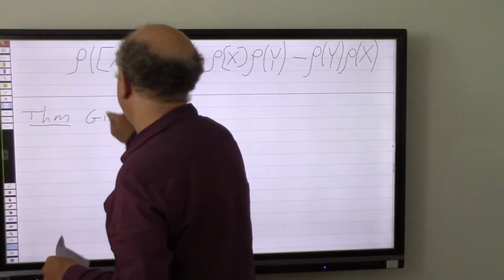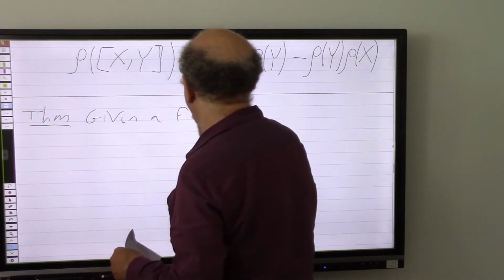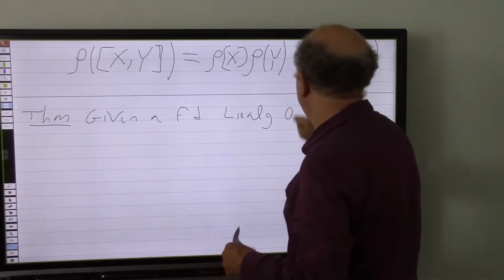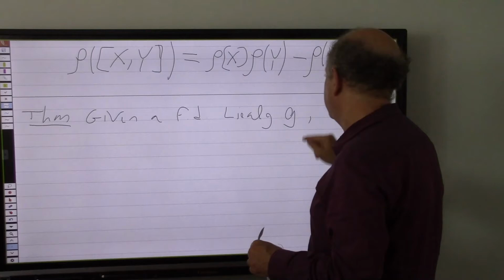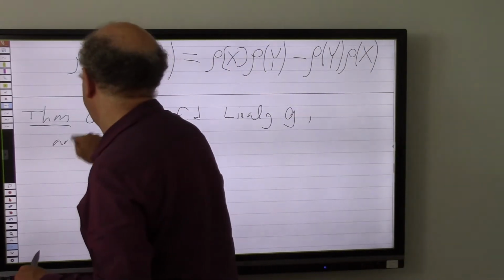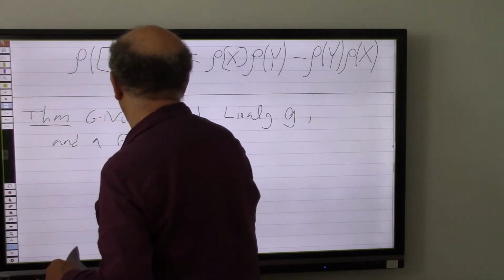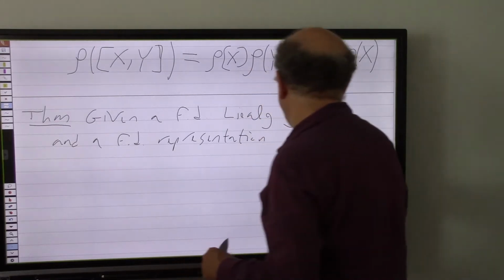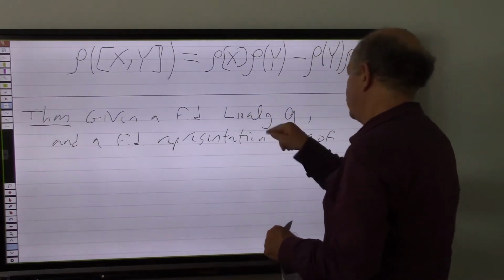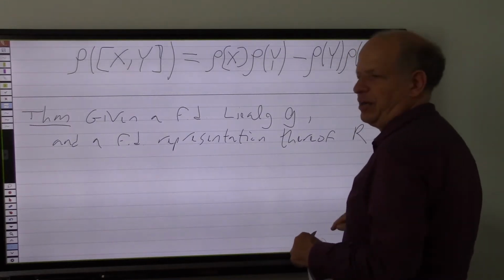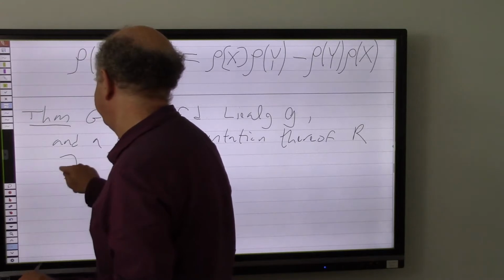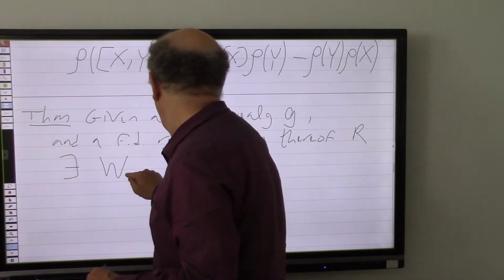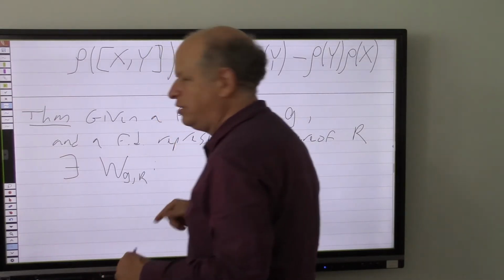So the theorem says that given a finite dimensional Lie algebra, Gothic G, and a finite dimensional representation thereof, so a representation of this Lie algebra, and let me call it R, I claim that there exists something called W of G and R, and it is a weight system.